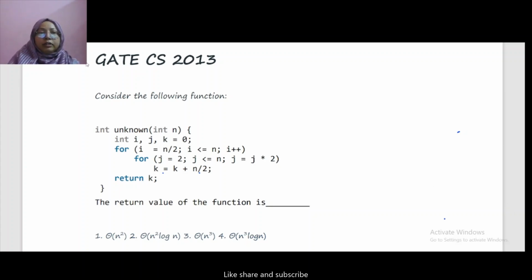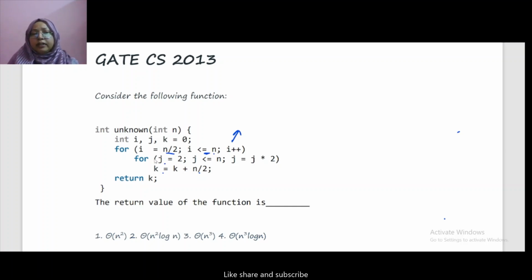Just note it down that i is initialized with n by 2 and its condition is i less than equal to n, i plus plus. So i is always incremented by 1, and it is done till i is less than equal to n.